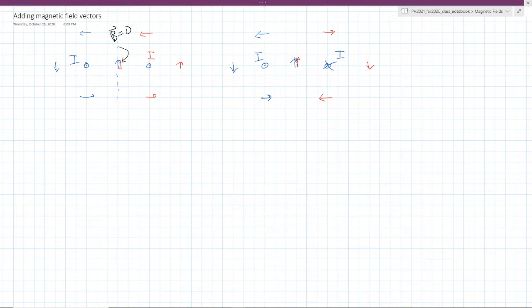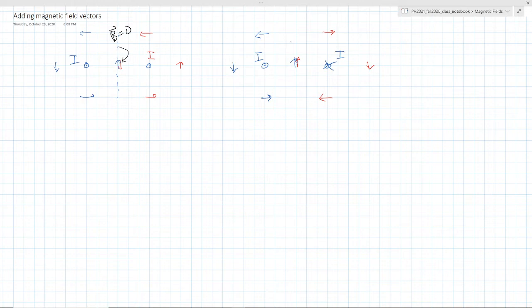And so the magnetic field there is going to be 2 times the magnetic field of either one. Suppose we call this one B1. If the currents are the same and the distance is the same, i.e. you're in the middle, then those would have the same magnitude.